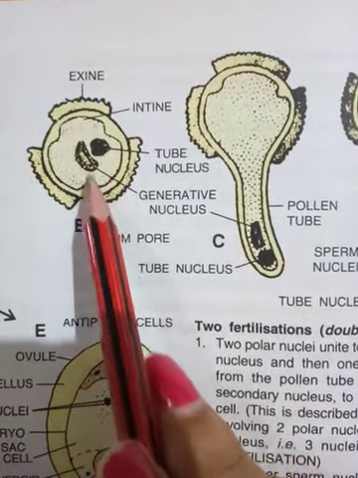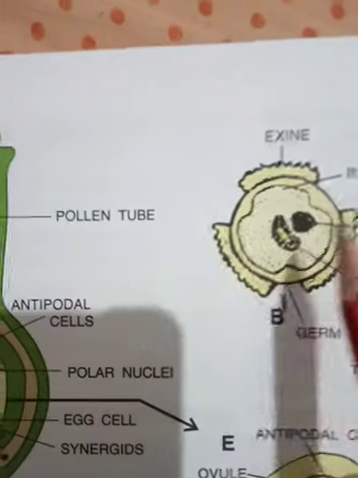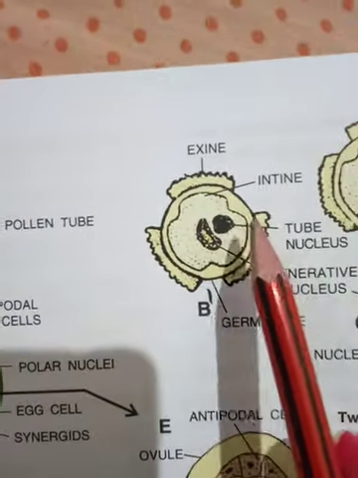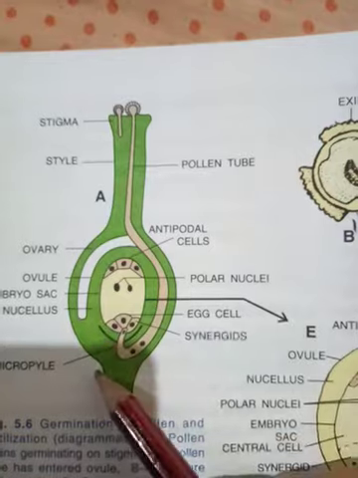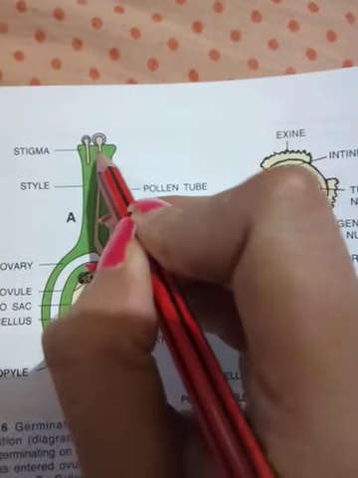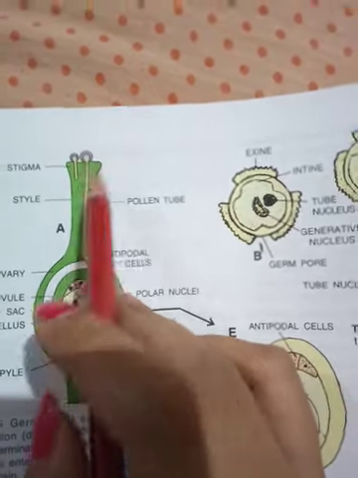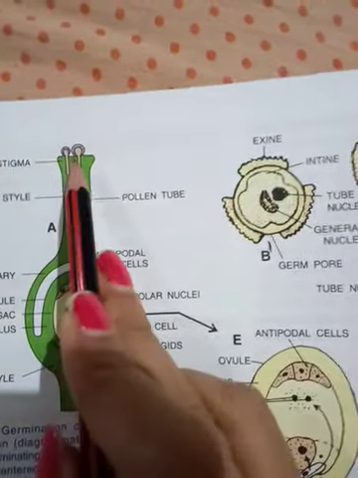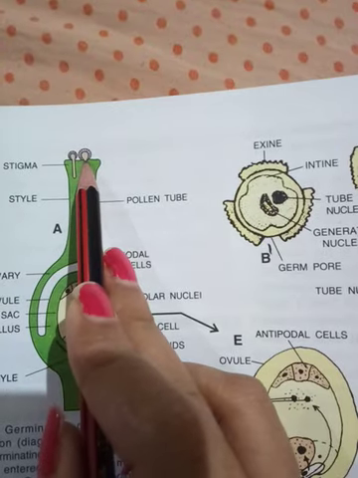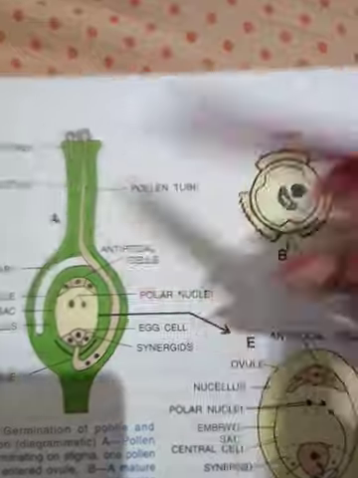This tube nucleus and generative nucleus, when this pollen grain matures and after pollination falls on the stigma, this is the female part of the flower, on the stigma of the carpel, this pollen grain starts its development of the pollen tube.